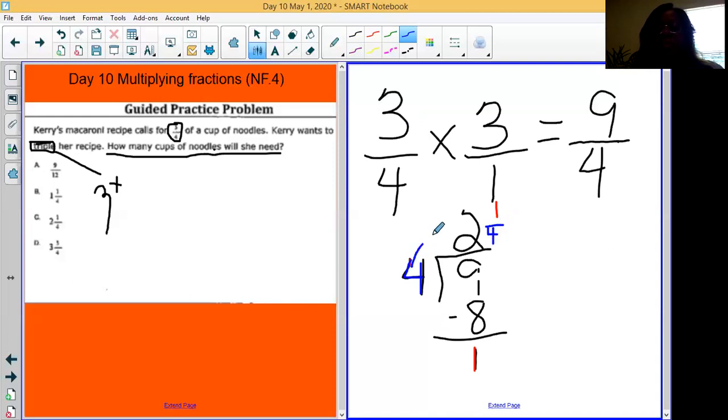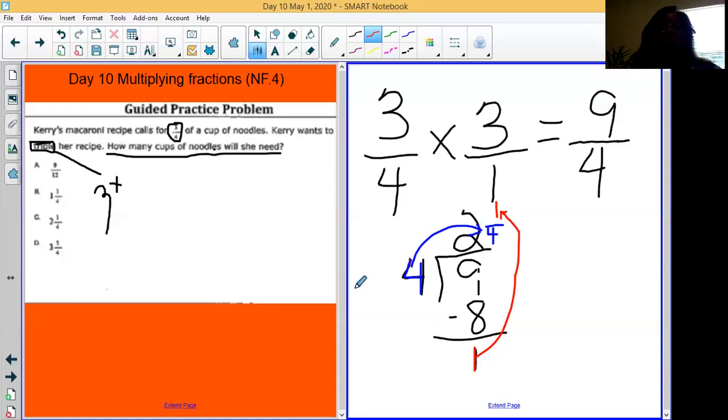So the 4 that I have here goes here. The 1 that I had left over becomes my numerator. So my answer is 2 wholes and 1/4. So 9/4 is the same thing as 2 wholes and 1/4. That's one strategy for reducing.